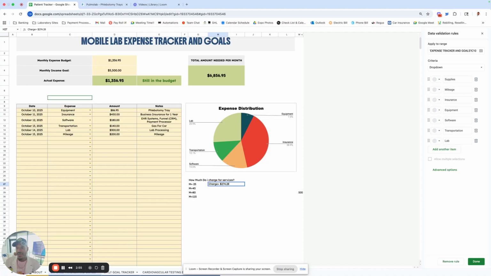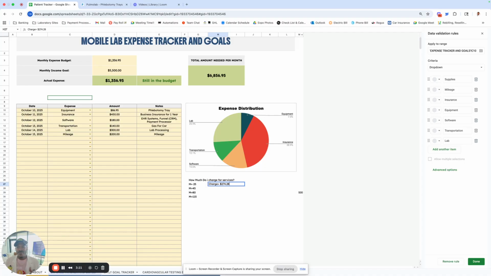Okay, so 28 cents. All right. And to check this, all we need to do is literally take that 274.28 and you multiply it by those many patients, 25, and you're gonna get your goal. Okay, so that's the 6,857. All right, so we made more than our goal by just $1, okay, or was that 5 cents? Okay, but you see how we can now know how to find our charge price for our services.